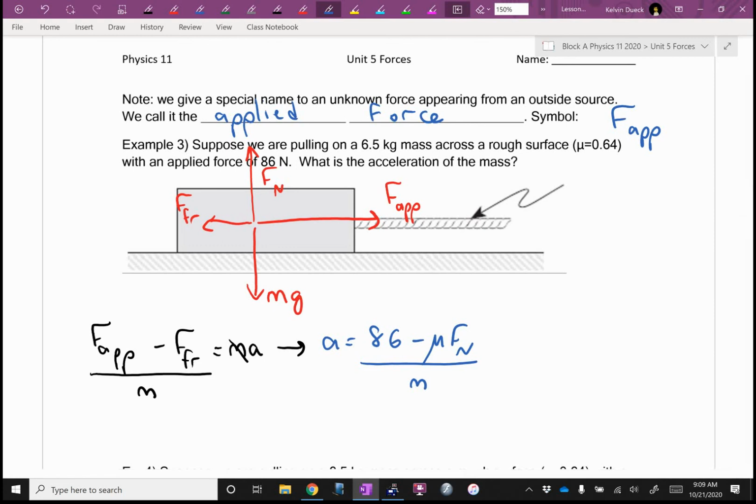Okay. Oh, I don't know the normal force. Oh, but look. I know another force the same size as the normal force. Which one? So I can say this. A equals 86 minus mu mg all over m.